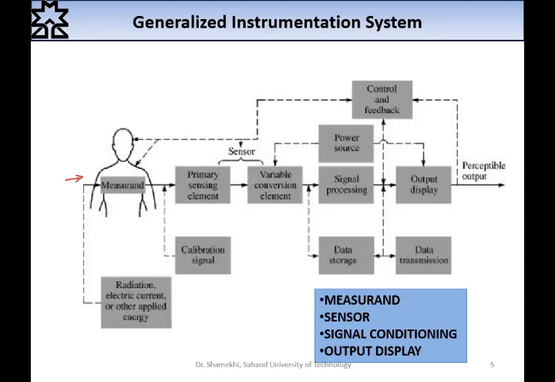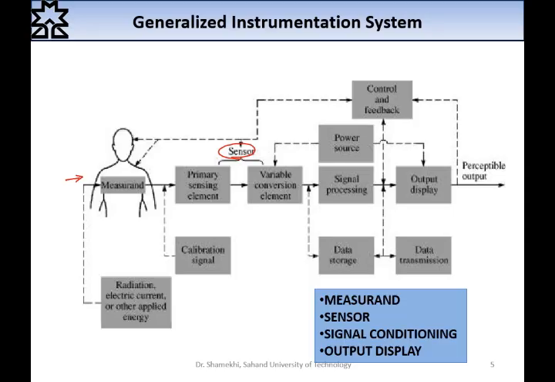As you can see, we call these two parts of the instrumentation system the sensor. After that, the data generated by the sensor goes to the signal processing part, and after that we can display the output of the signal processing part on a display.